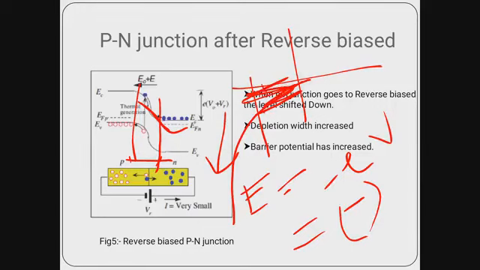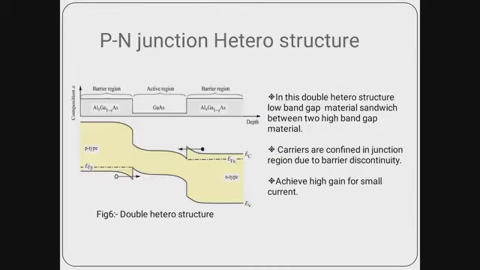But after a certain point, we are getting a sharp current, and this effect is basically called breakdown effect, and the voltage by which this effect occurs is called breakdown voltage. Now we are going to heterostructure.